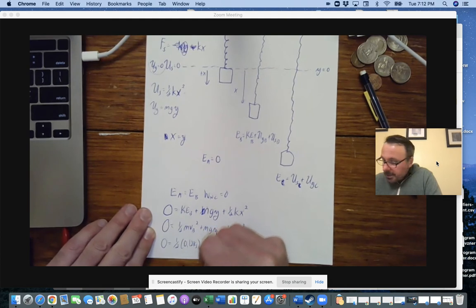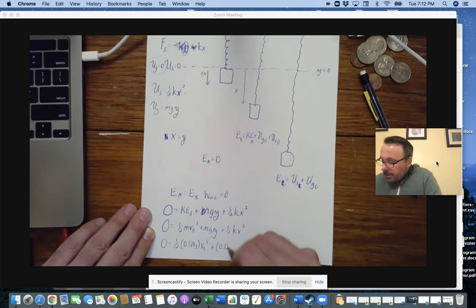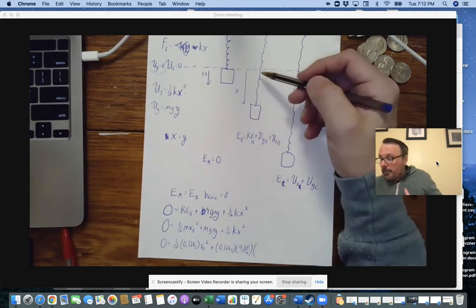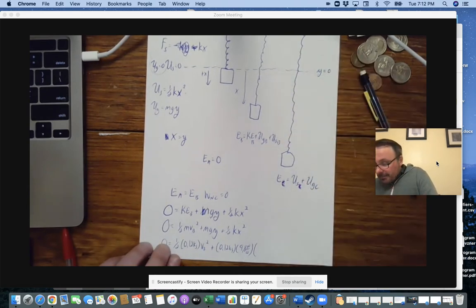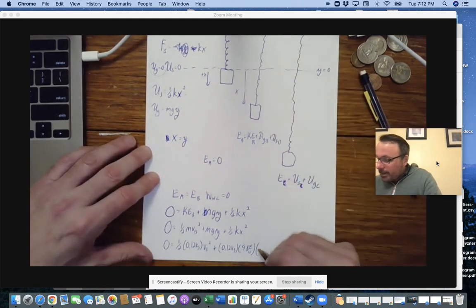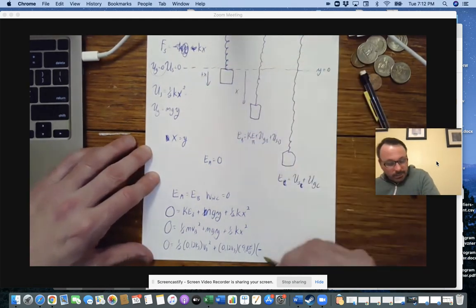0.12 kilograms, vB, which is what I'm looking for, plus 0.12 kilograms times 9.8 newtons per kilogram times that value that we found. But remember, this has got to be, in this case, a negative value, right? Because I'm below the UG is equal to 0 line.